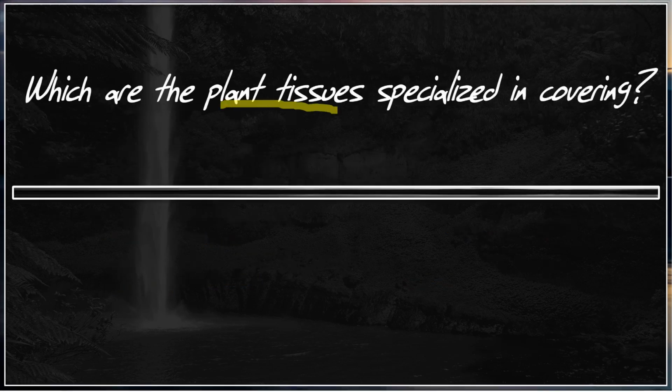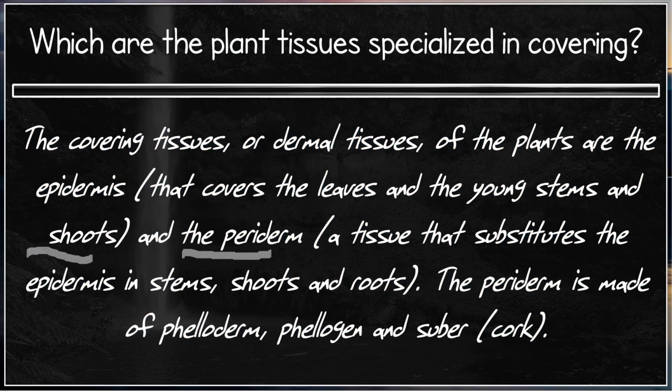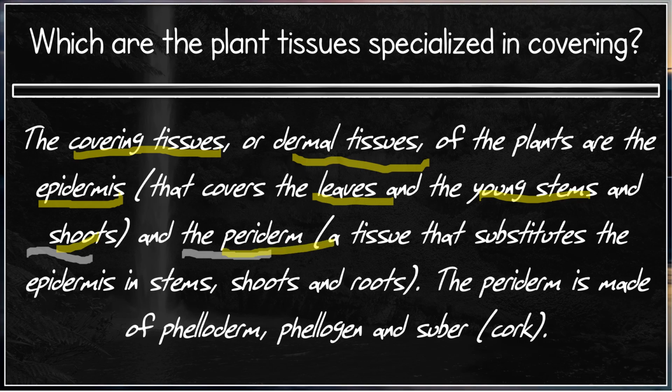Which are the plant tissues specialized in covering? The covering tissues or dermal tissues of the plant are the epidermis that covers the leaves and the young stem and shoots, and the periderm, a tissue that substitutes the epidermis in stems, shoots, and roots.